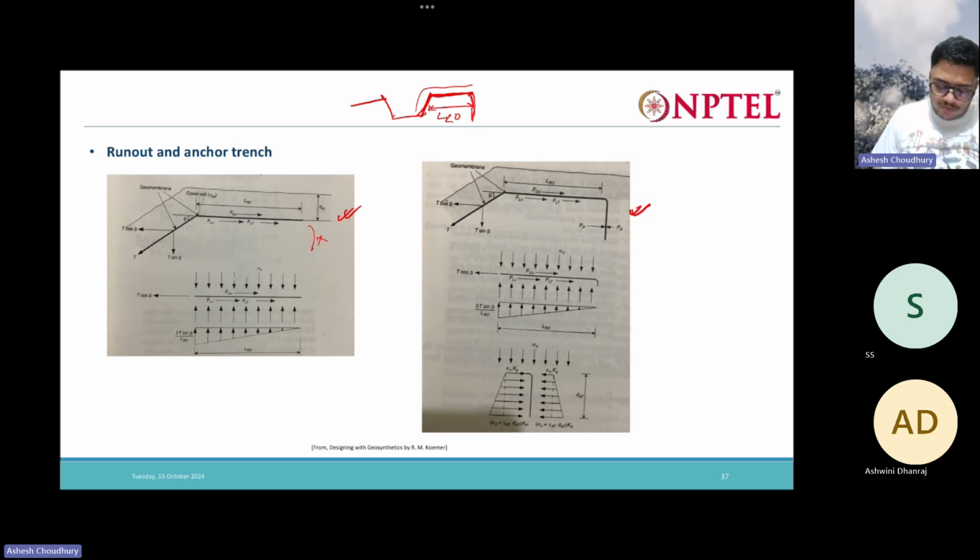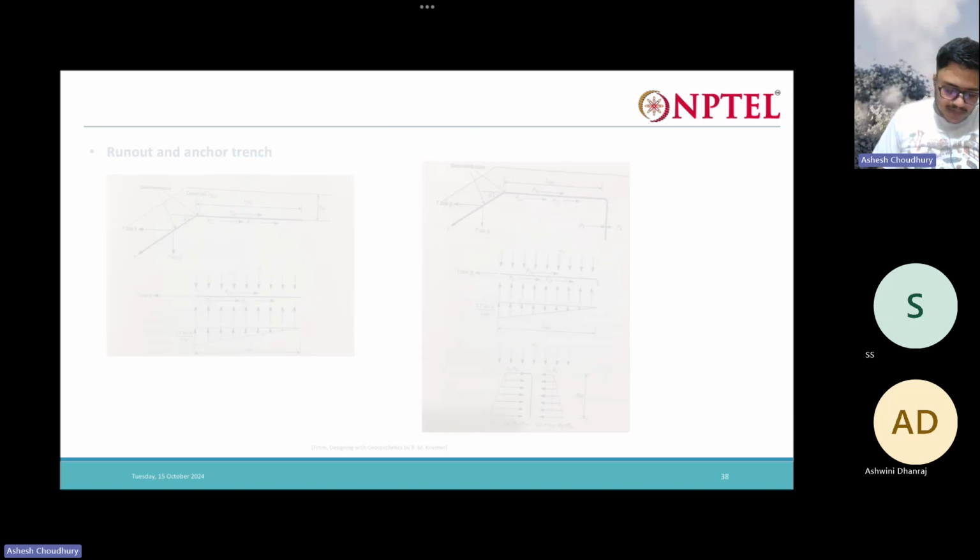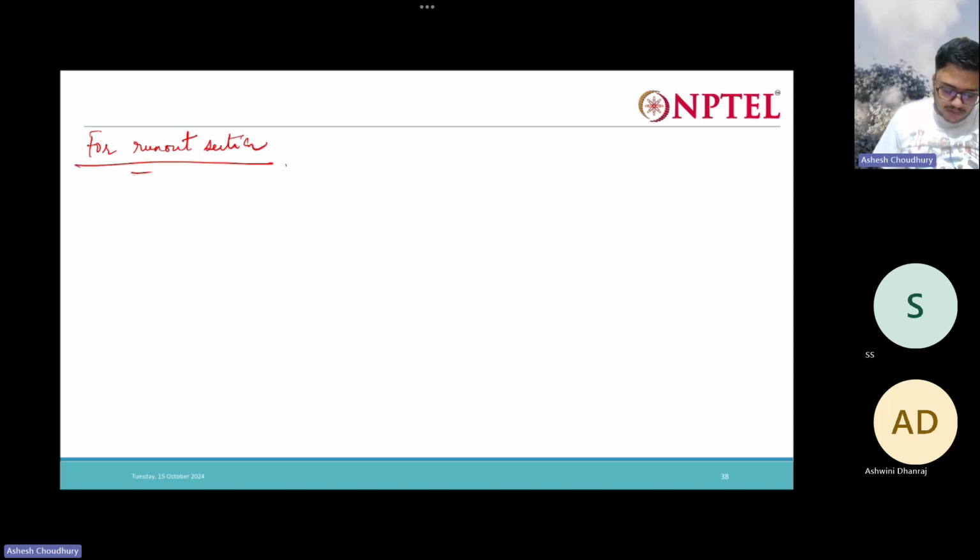In that case, for the run out section, summation Fx equal to 0, let us do.